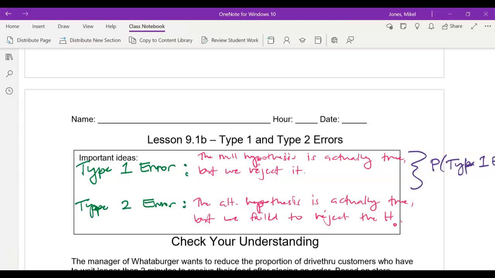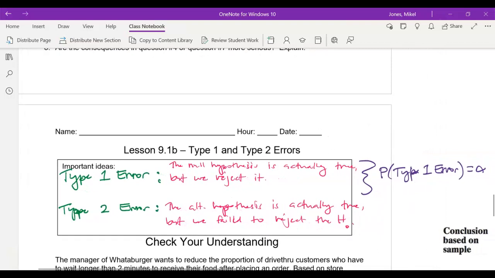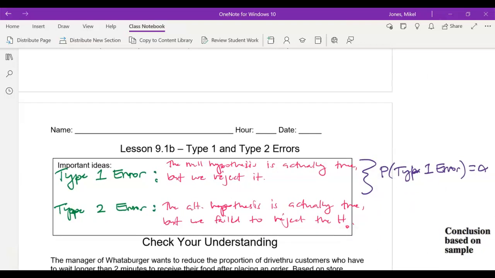The probability of a type 1 error is always equal to whatever your alpha level is. So if you set an alpha level of 5%, 5% of samples that you take will show a value too extreme, but it actually just occurred by chance. Whatever your alpha level is, that's how often your type 1 error will occur.